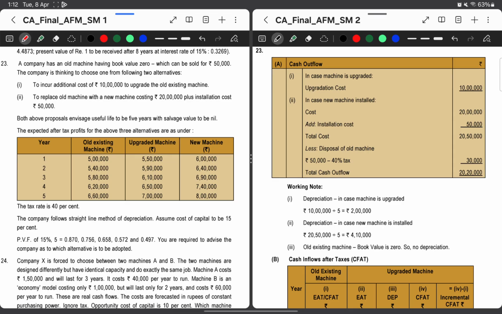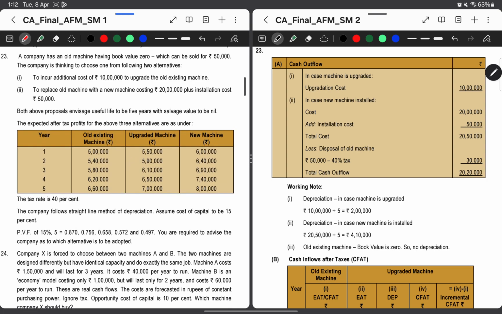First one is the existing machinery's after tax profits, then the upgraded machinery once we incur the 10 lakh, then the new machinery once we sell the old machinery and buy the new machinery. Since we are comparing the decisions of upgrading or replacing, we have to take the incremental approach. What will be the incremental cost in each of the alternatives?